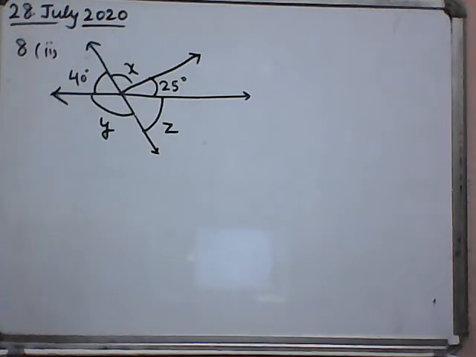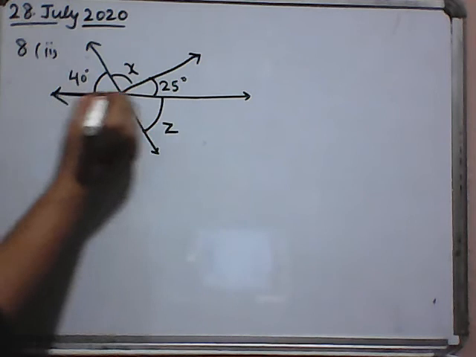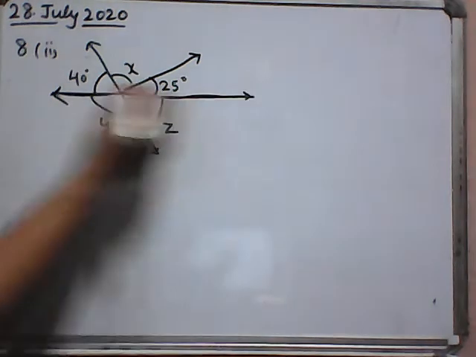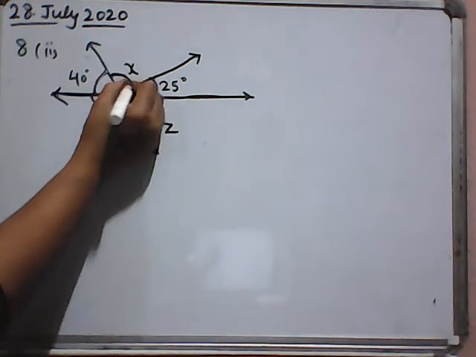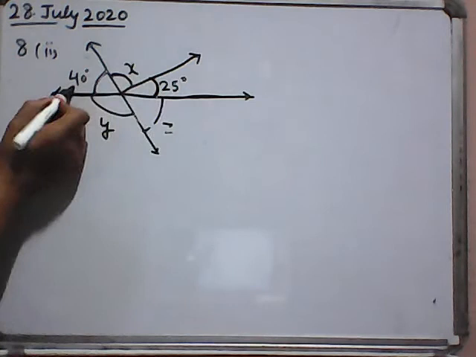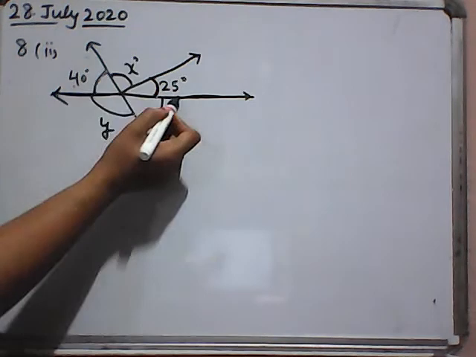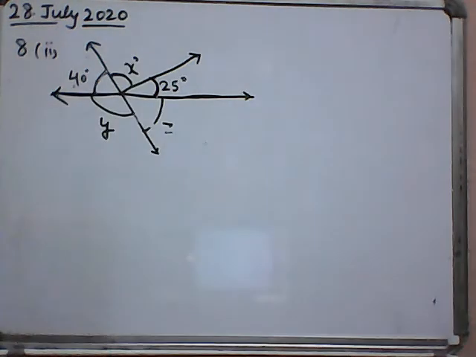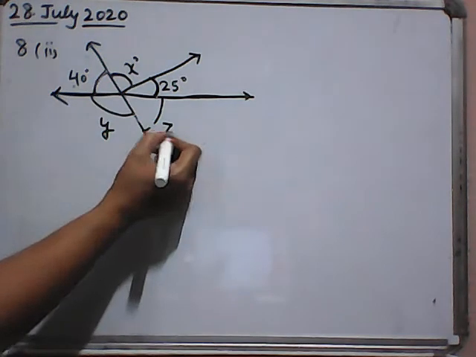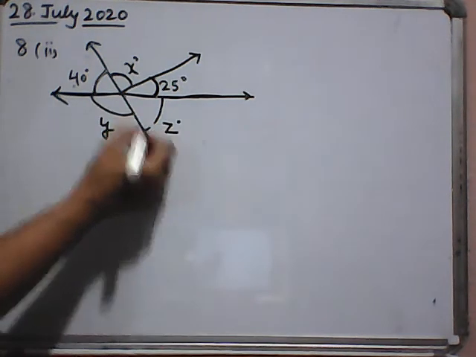In this question, a figure is given to you and you have to find out the values of x, y and z. In this figure, it is a straight line. Angles on a straight line are 40 degree, x degree and 25 degree. We know that the sum of the angles on a straight line is 180 degree.